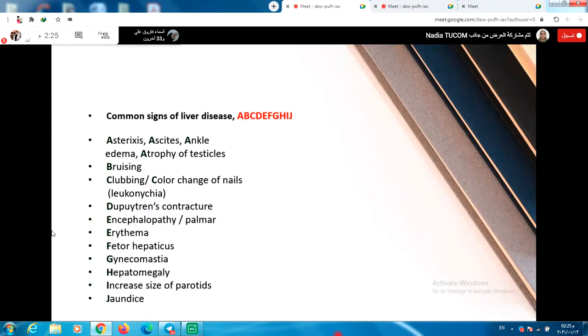Gynecomastia is a result of hyperestrogenemia, abnormal metabolism of estrogen hormone. Hepatomegaly, and increased size of the parotids. The size of the parotids is increased in cirrhotic patients or chronic liver disease.